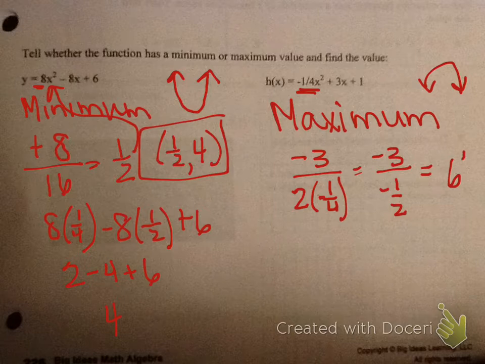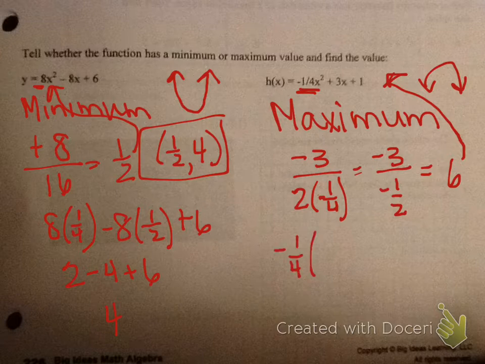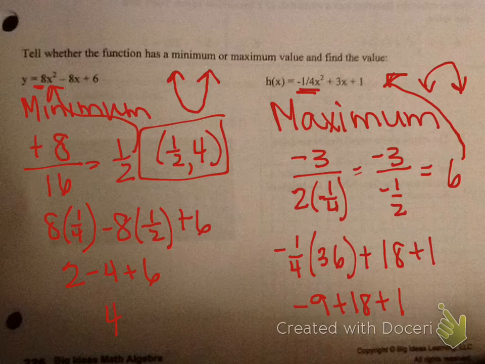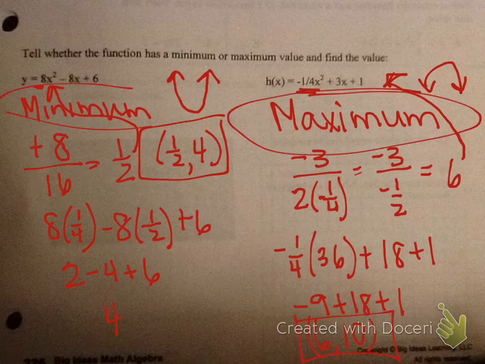And then over here we fill this back in. So we get negative 1/4 times 6 squared is 36. Plus 3 times 6 is 18 plus 1. So we get negative 9 plus 18 plus 1, which gives us 10. So our vertex is at 6, 10. And it's a maximum, and this one's a minimum.